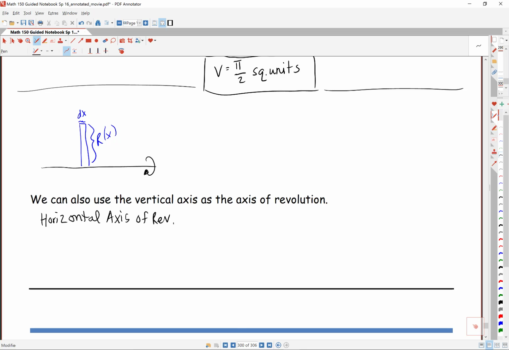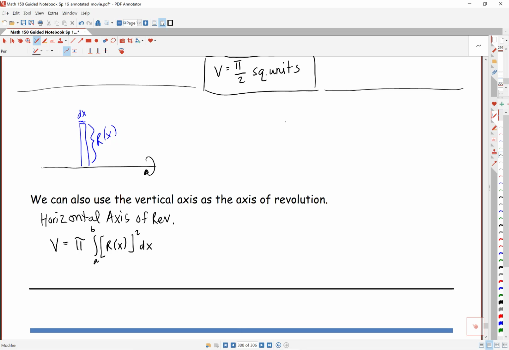So when you have this horizontal axis of revolution, what happens is you get your volume V is equal to pi times the integral from a to b of capital R at x squared dx.